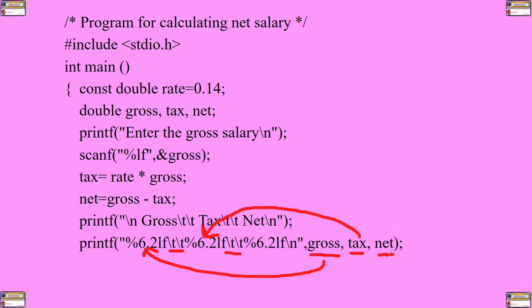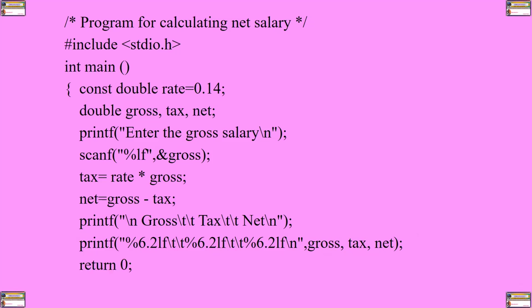Read the value which is there and write it out on the screen formatted as follows. Its maximum number of characters should be 6, and 2 out of the 6 should be reserved for the fractional part. So my dear students and the rest of the learners, that's how that statement will behave. And then, once that is done, the compiler will return the control back to the operating system and end the program.